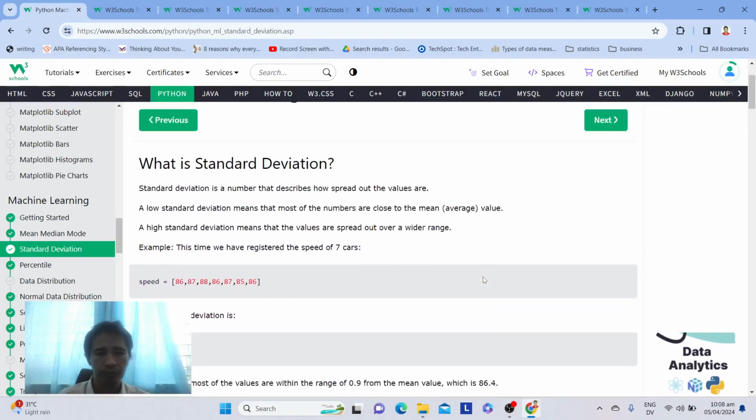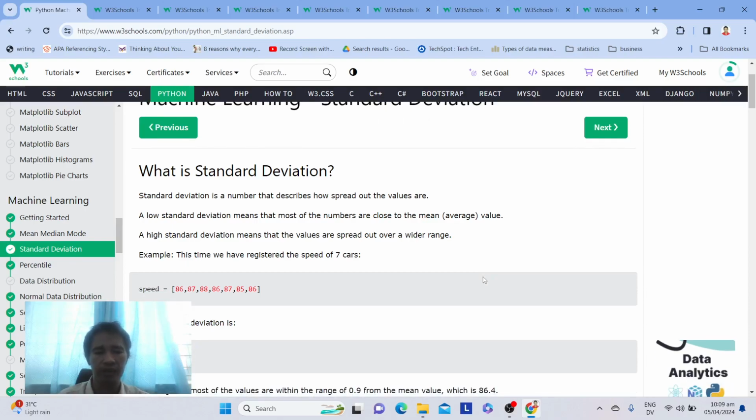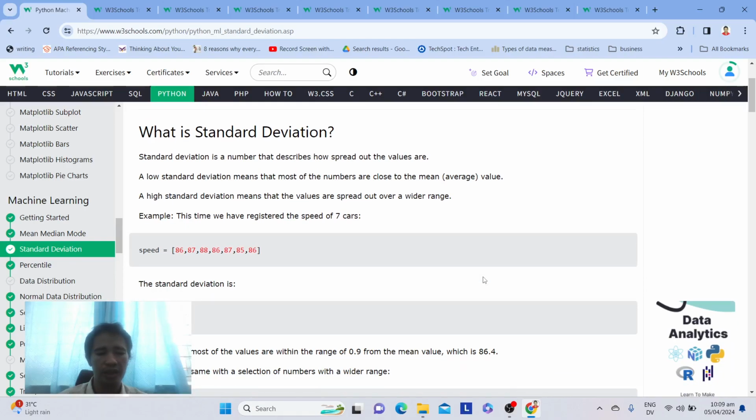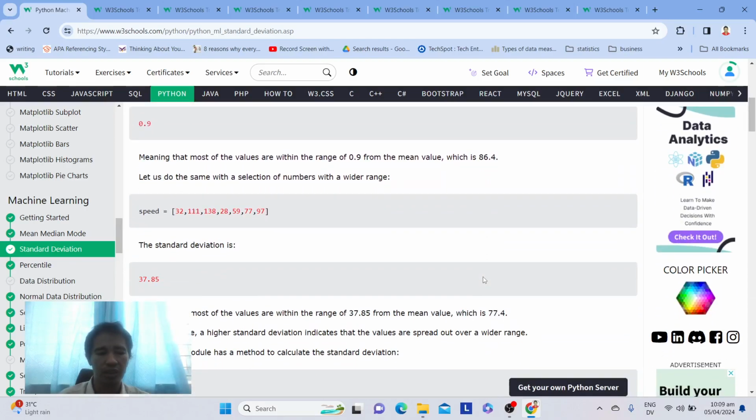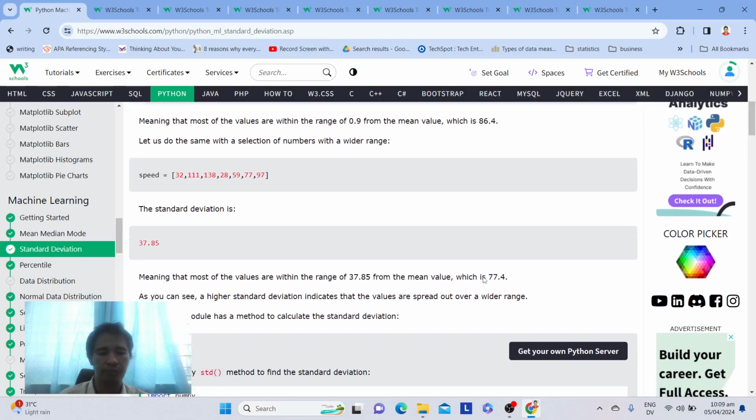Remember, a low standard deviation means most numbers are close to the mean, and a high standard deviation means the values are spread out over a wide range. So 0.9 is a low standard deviation, and 37.85 is a very high standard deviation.